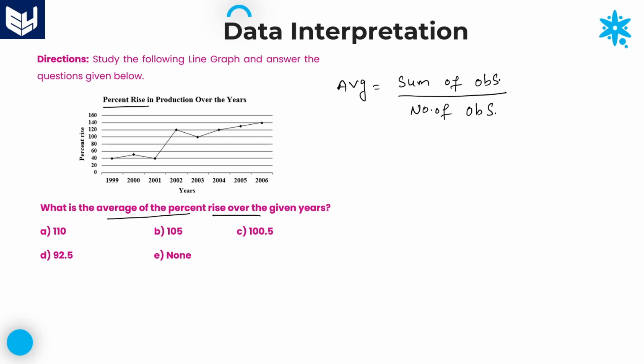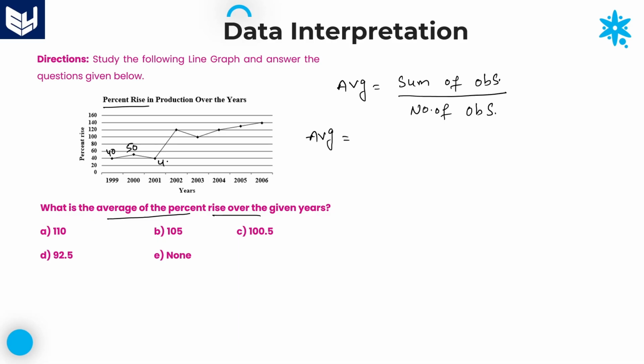First we take all the values that we need to add in the numerator, and in the denominator we take the number of years. So first note down the values. The first value is between 40 and 60, therefore it is 50.